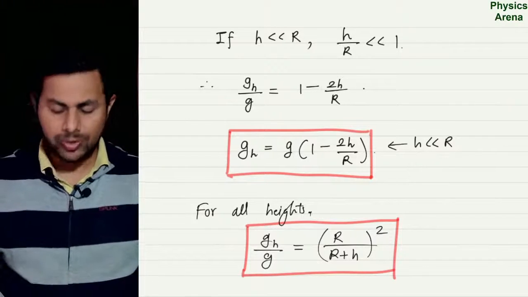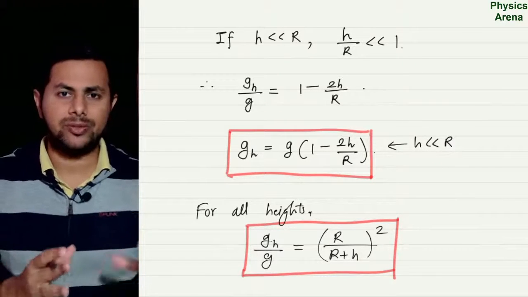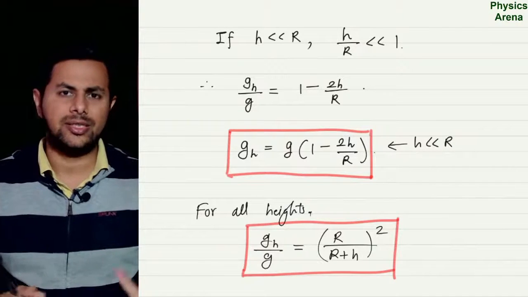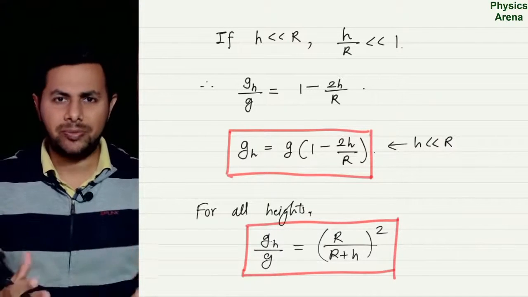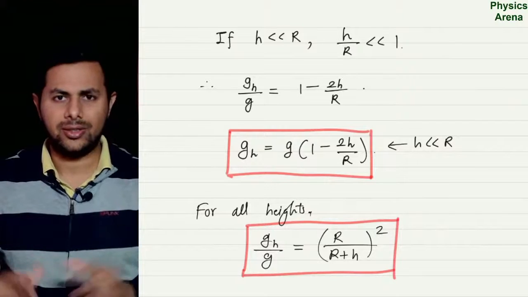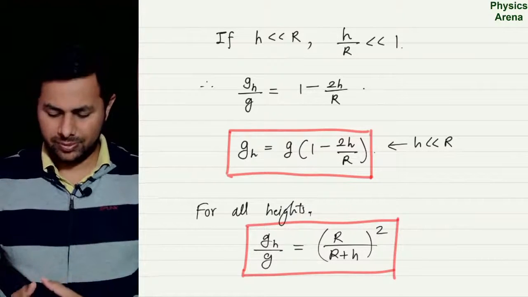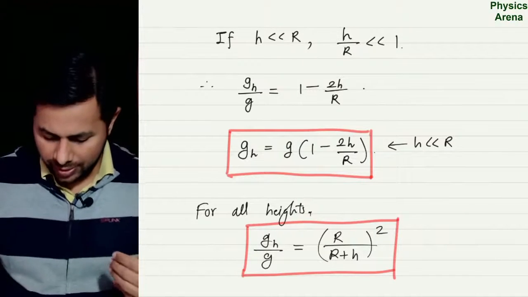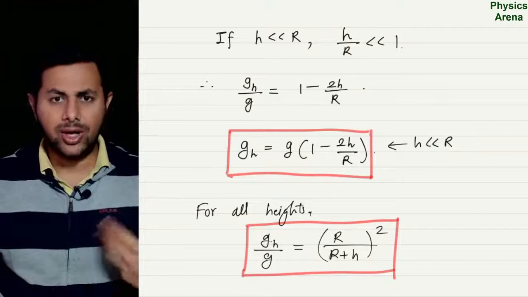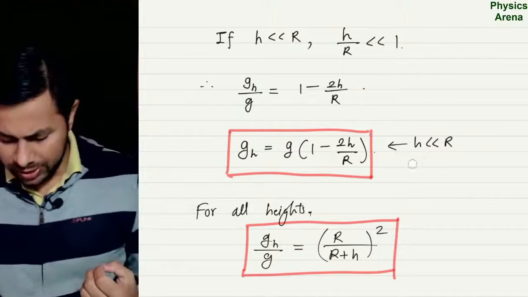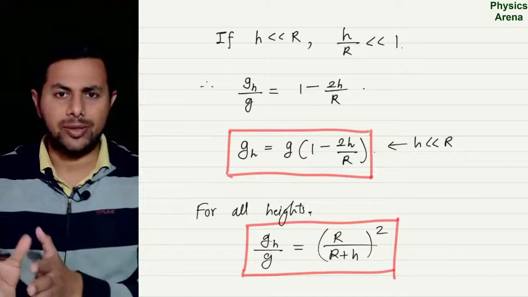This formula is applicable when h is very small compared to r, let's say up to 1%, up to 5% of Earth's radius, not beyond that. It will give wrong results if we use this formula when h is comparable to r.